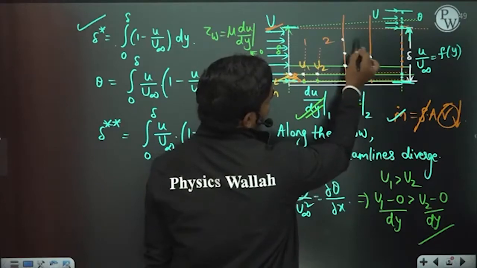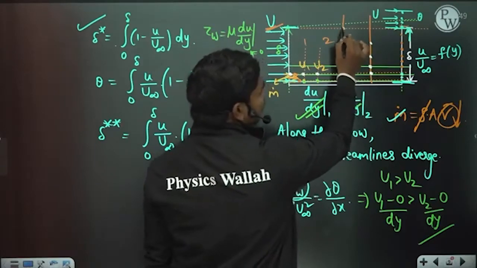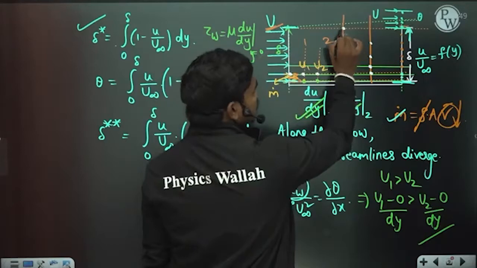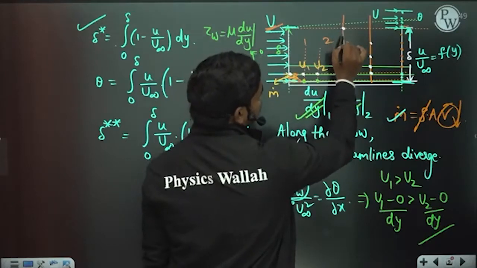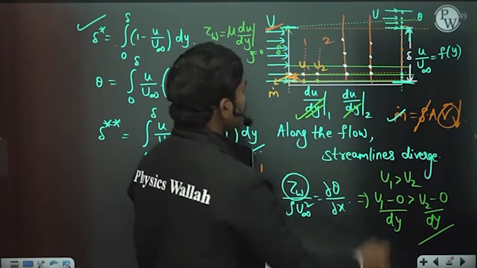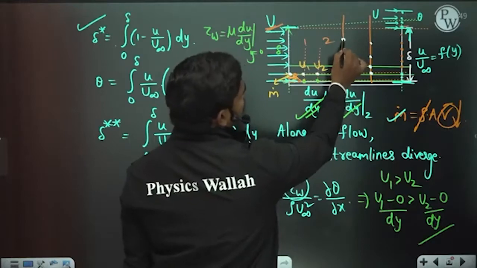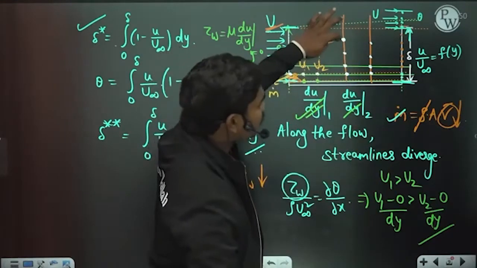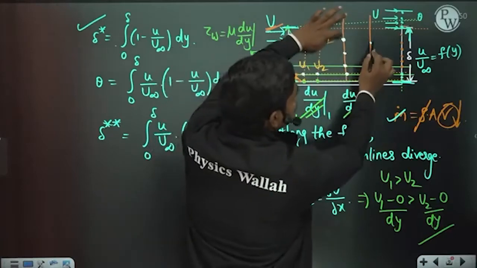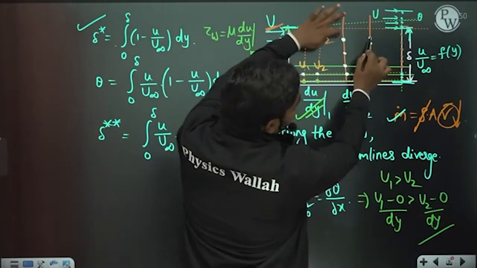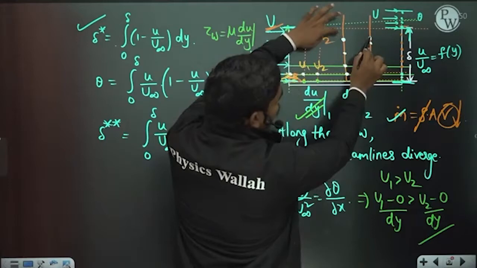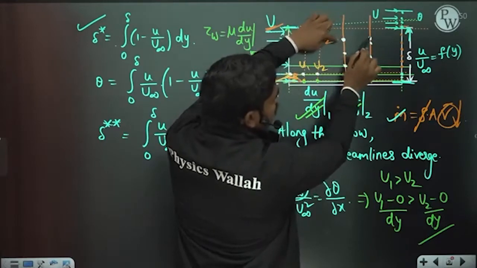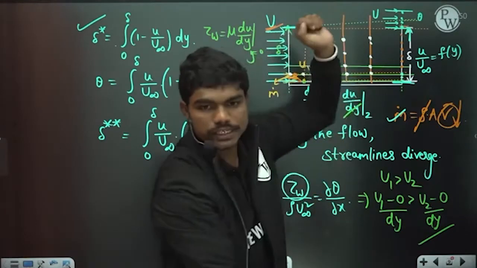By the time it reaches free stream velocity, let us suppose this is the value of delta at this section. The fluid has reached free stream velocity here. Now, on the same value of y at the other section, will this point be at free stream velocity?